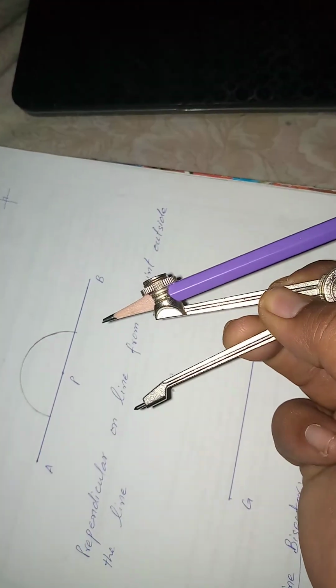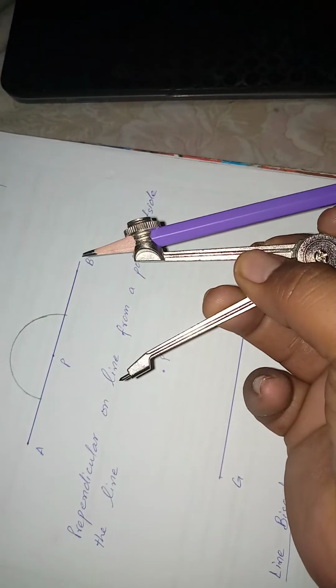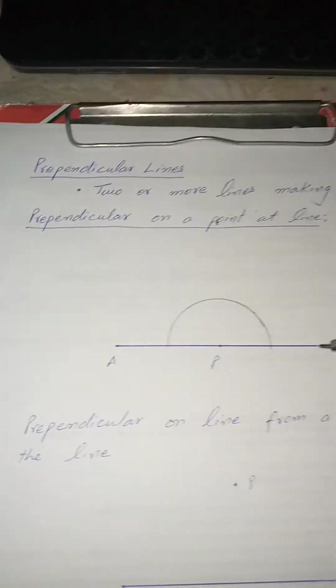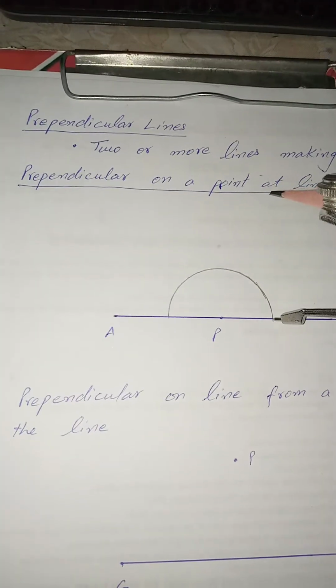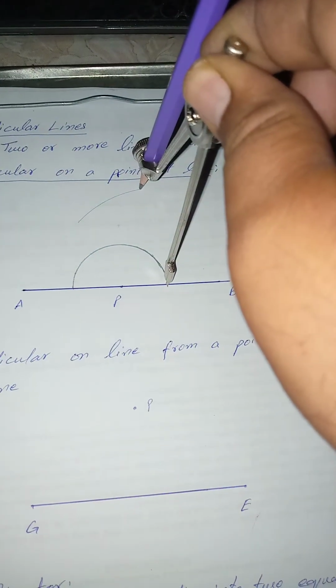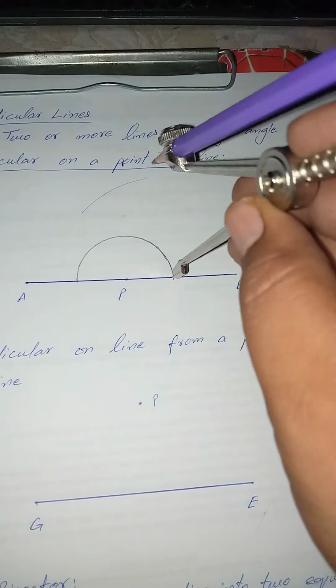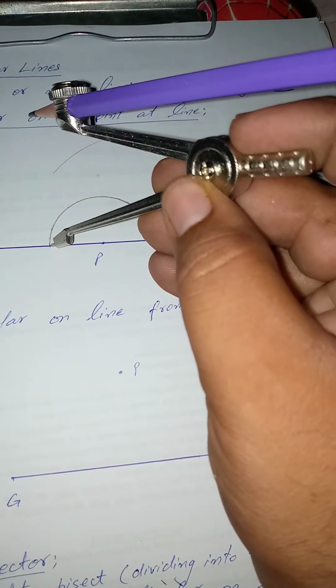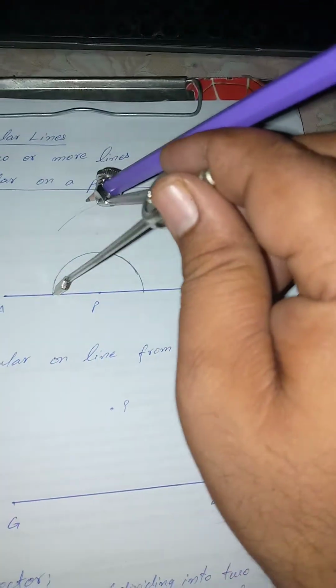After it, we will open the compass a little bit so that we can draw the arcs easily. One arc we will mark from the right side of this semicircle to here, and for the other arc we will place the needle on the opposite side and we will place a mark here.